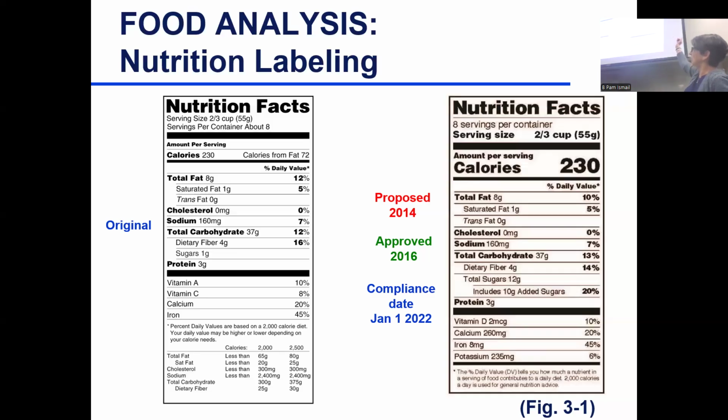So now vitamin D was added, vitamins A and C left, and potassium was added. Anything else? No. Sodium is there, cholesterol is there, dietary fiber, total sugars, protein is there. So these are the major changes.